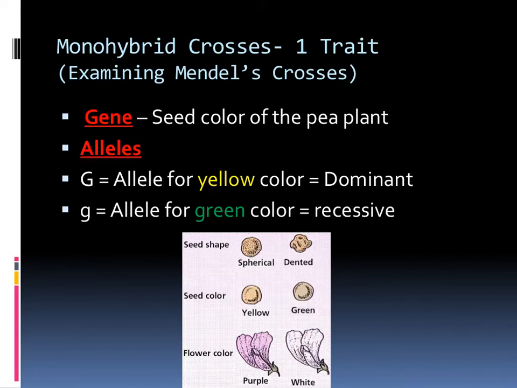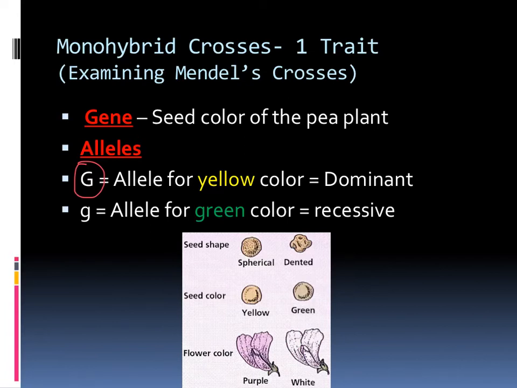So in Mendel's one trait cross, the trait or the gene that he was looking at was the actual seed color of the plant. Now, for every gene, there's always going to be a dominant allele and a recessive allele. In this case, the dominant allele, which you know should be dominant because it is a capital letter here, is actually yellow.